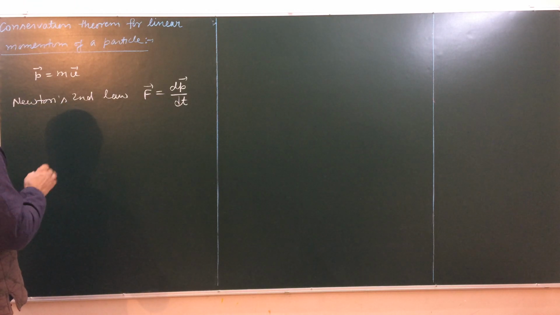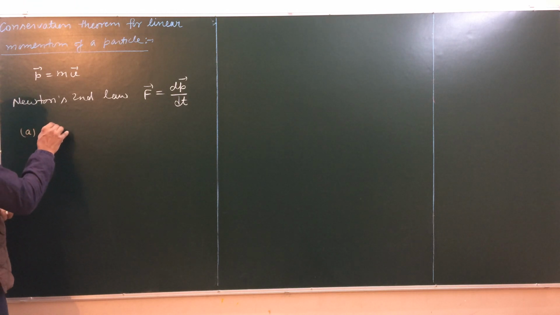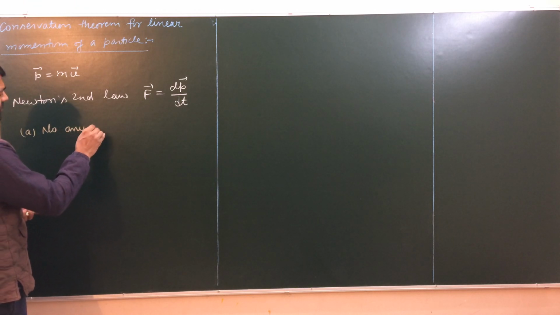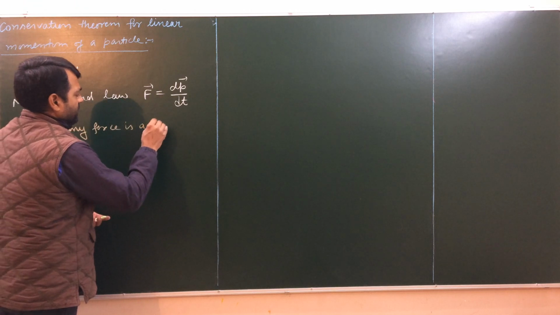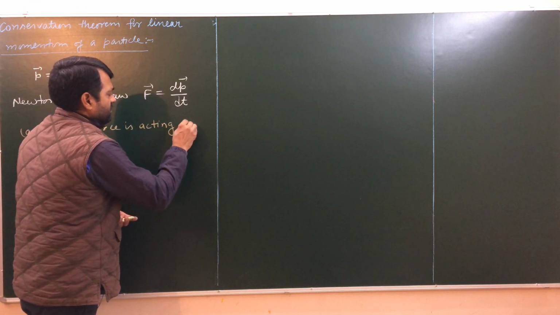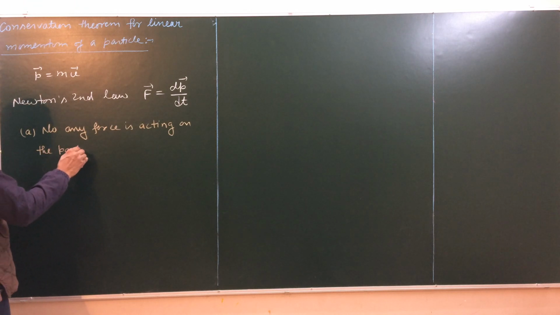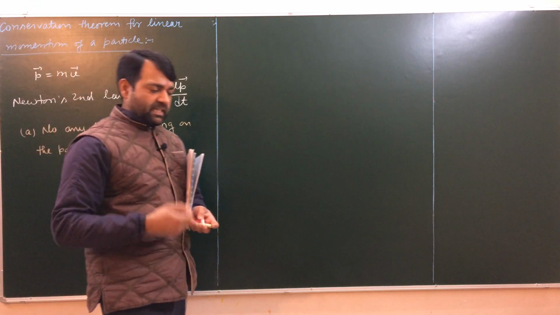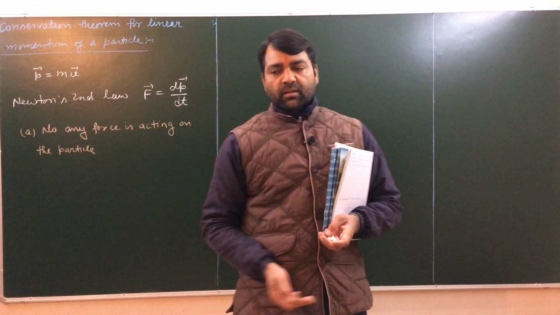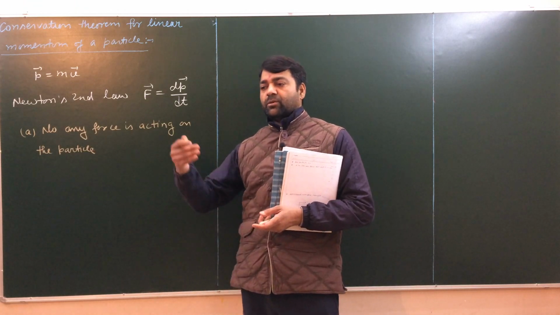Student, we have two conditions. The first condition is that no force is acting on the particle, meaning there is no external agency which can exert force on the particle. There is no field which can exert force, say gravitational field or electromagnetic field.